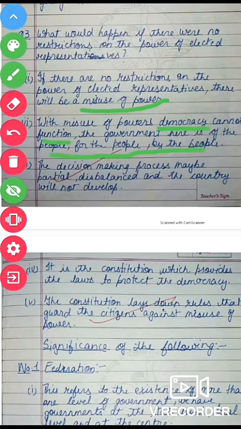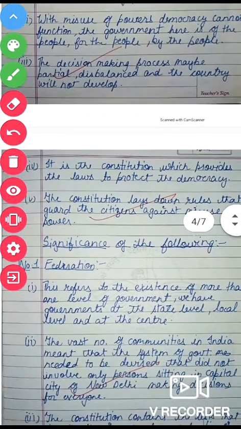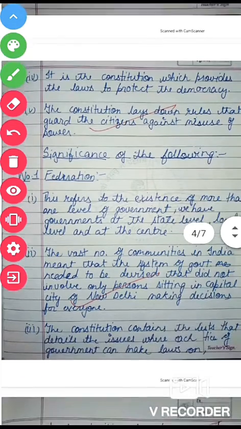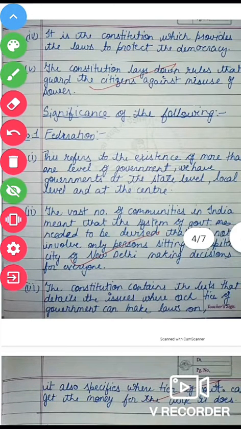Then the third point could be, the decision making process may be partial. Of course it's going to be partial, because they're going to make their own decisions, rules, regulations. And then the fourth point can be, it is the constitution which provides the law to protect democracy.